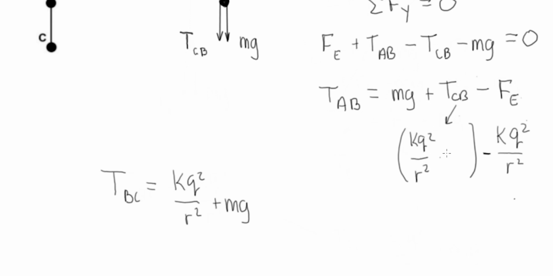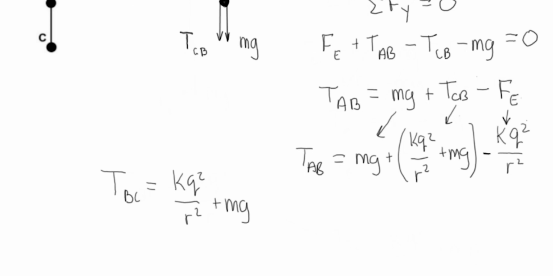So kQ squared over r squared plus mg, okay. I hope you see what I did there. mg is still mg. TCB was the equation that we saw last time before we plugged numbers in, and the electric force is still kQ squared over r squared over here.